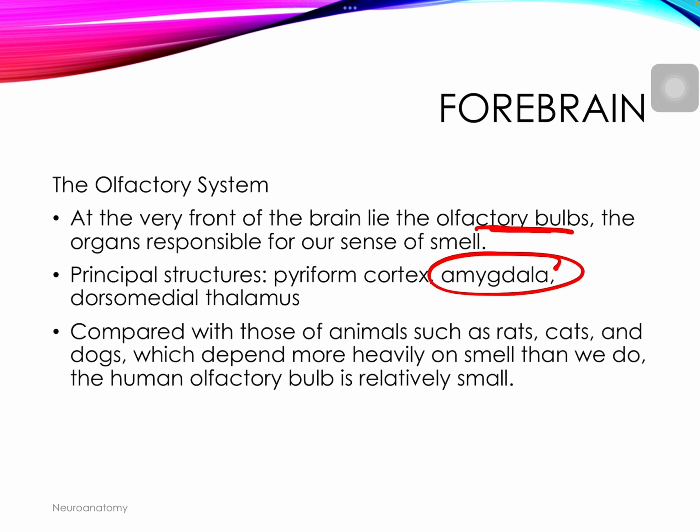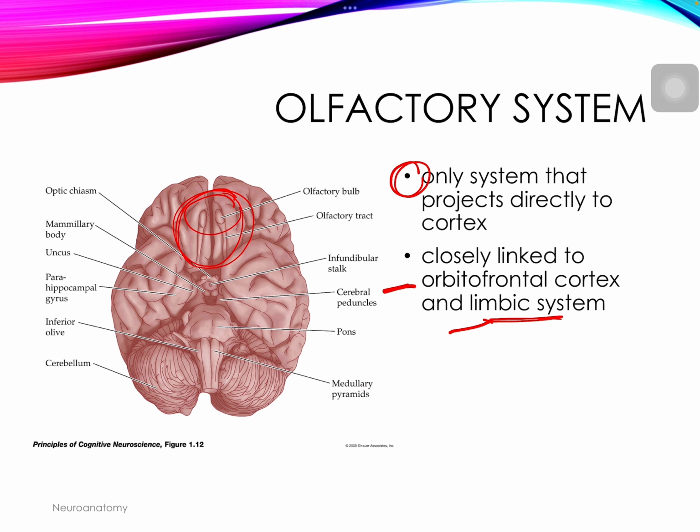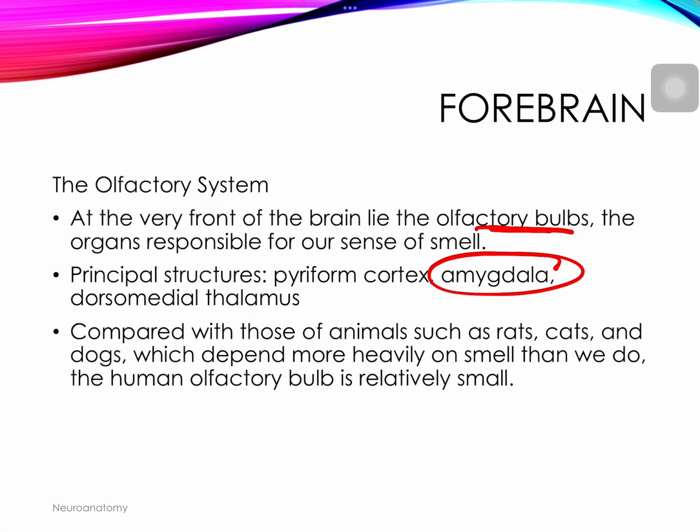And if we look at the size of our olfactory bulbs and the tract, it really is very small compared to other animals. Animals like rats, cats, and dogs depend heavily on their sense of smell and are able to pick up scents that we are not able to.